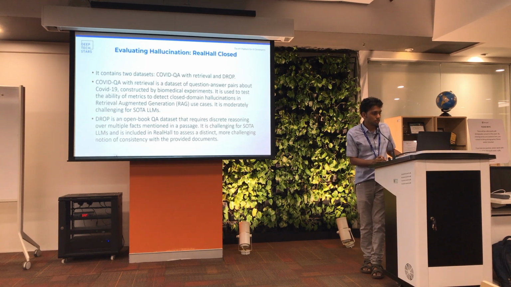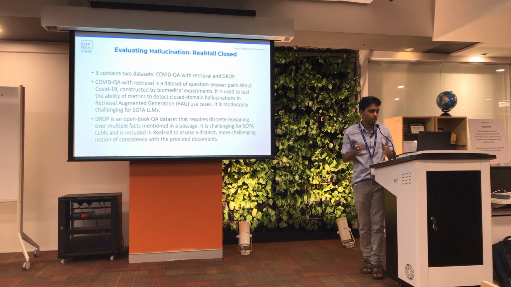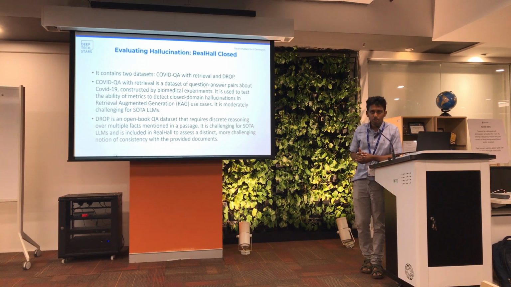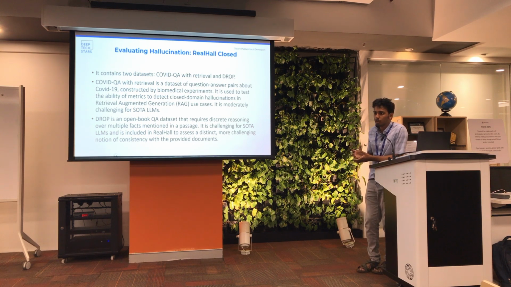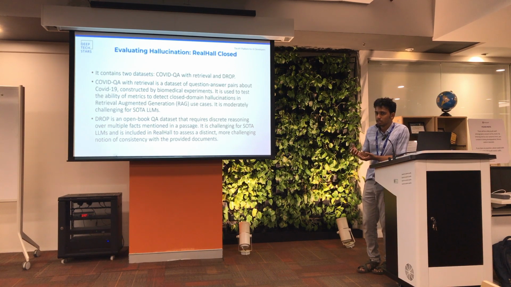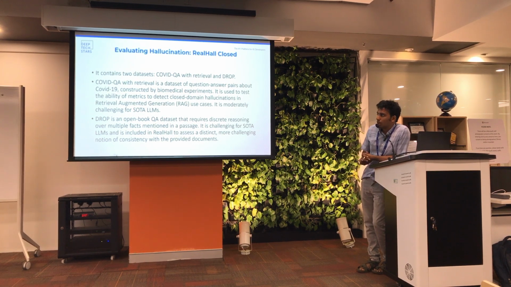Okay. So evaluating hallucination using RealHall Closed, because mostly when we are creating an LLM based app, we would know what we should get. Maybe you have a RAG, maybe you can search information from that. So we already know what we need to get. This is how they did it in their paper.